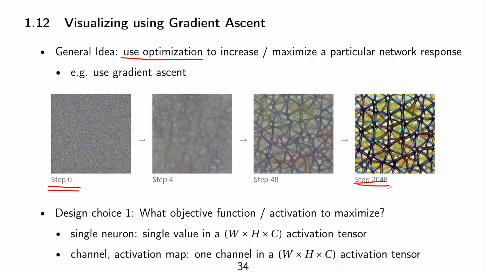And now we will discuss several ideas related to this general framework. The goal is to obtain an image that on the one hand really maximizes a particular response, but on the other hand is somewhat similar to a natural image. And this is kind of open to debate. What does it mean to be similar to a natural image?